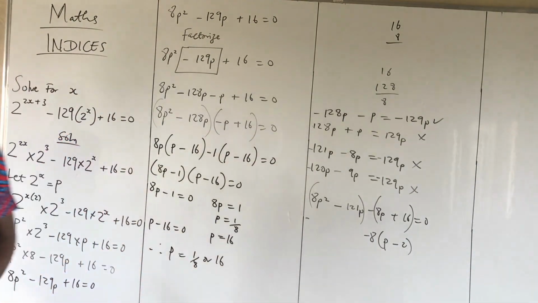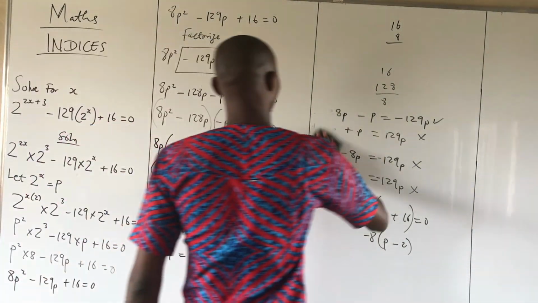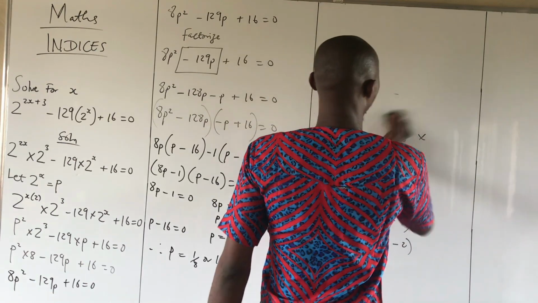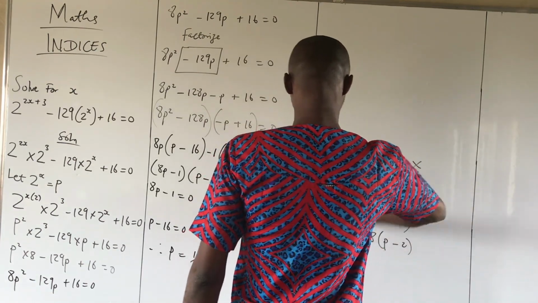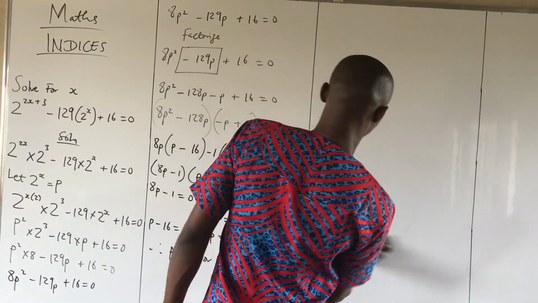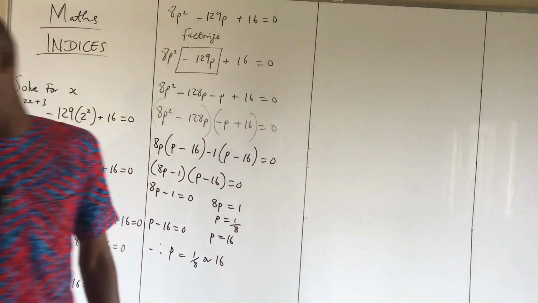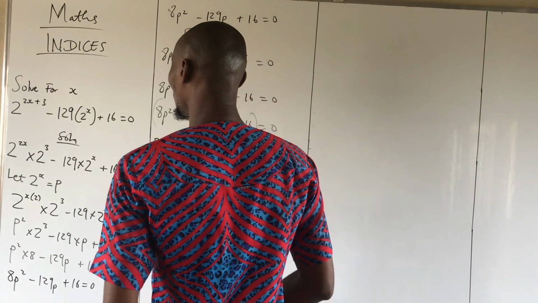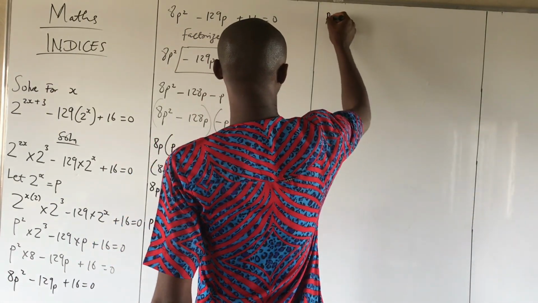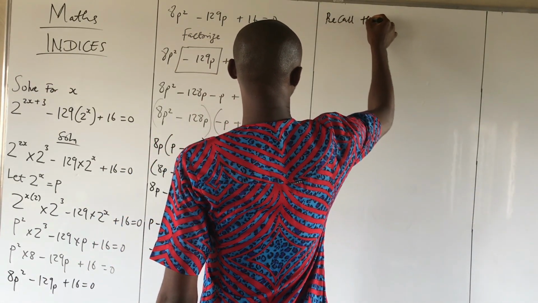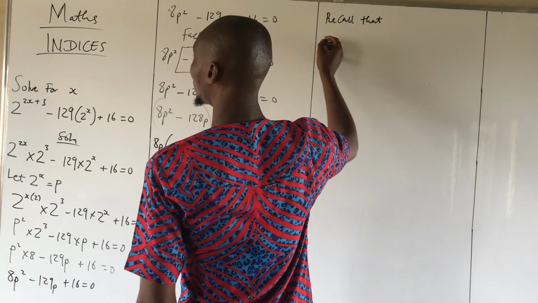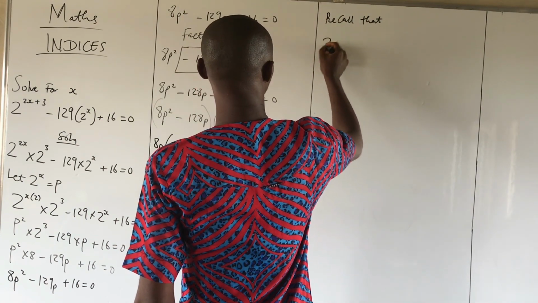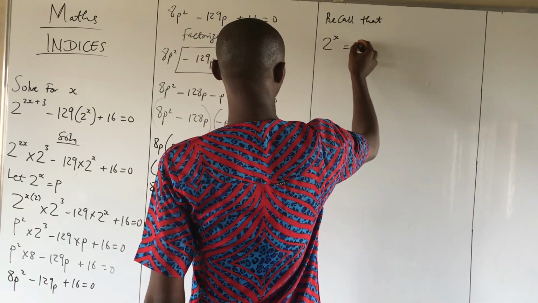Are we done? No. Because we are asked to find x, not p. So recall that 2 raised power x is equal to p.